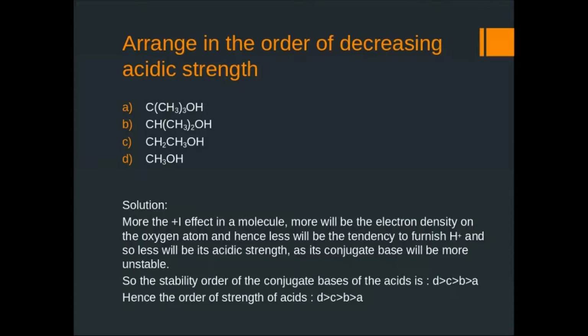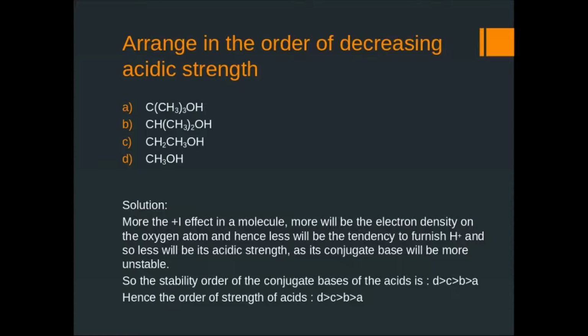So it will comparatively provide less negative charge to oxygen, and so the chances of breaking the OH bond become greater compared to A and B, and therefore C has greater acidity than A and B, as you can see.